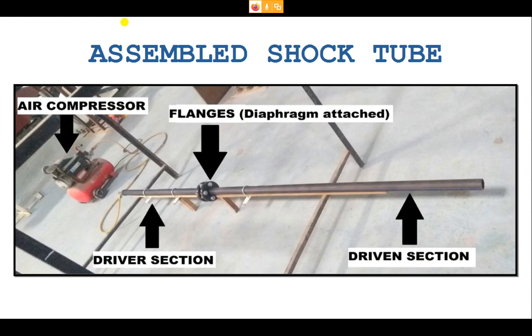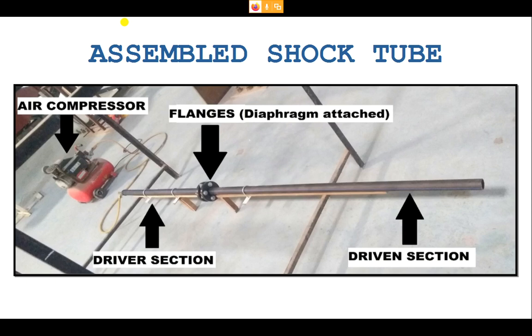And this entire setup is placed on the ground and was kept in a hangar which had a wide space such that the shock wave can move out of the driven section towards the right extreme end. So we didn't have any obstacles or obstructions on the right extreme side. So we had enough space to move around and work with the shock tube.